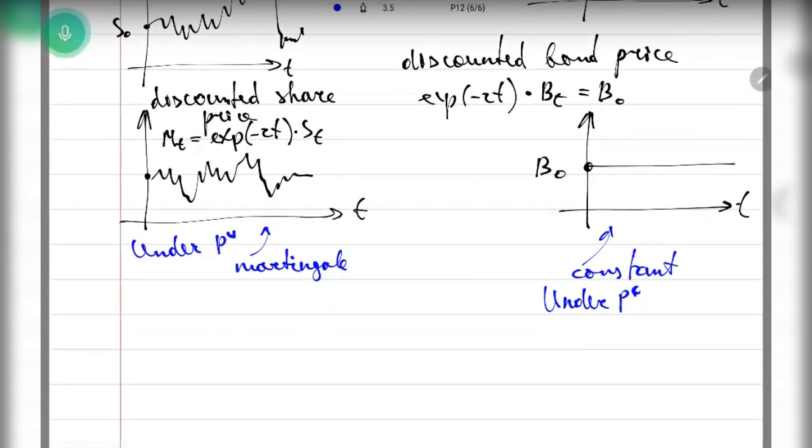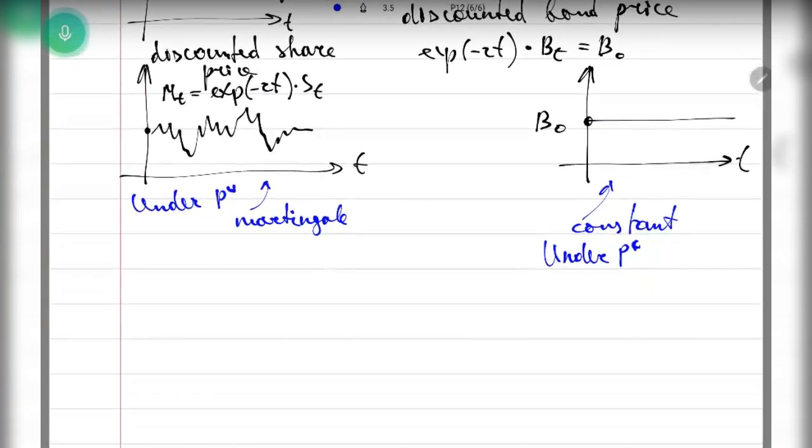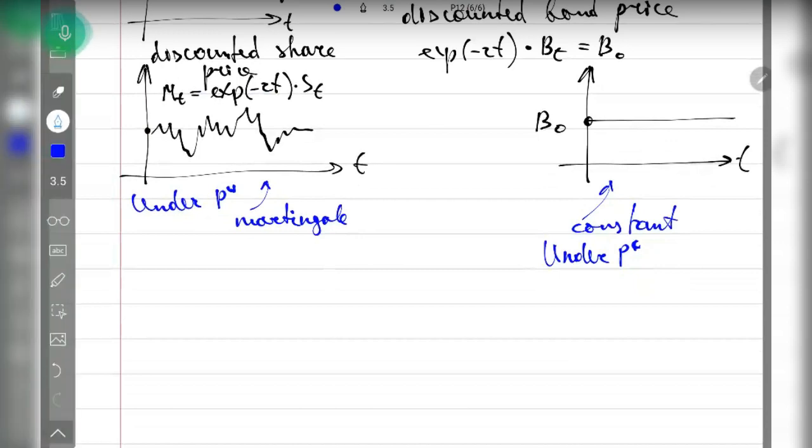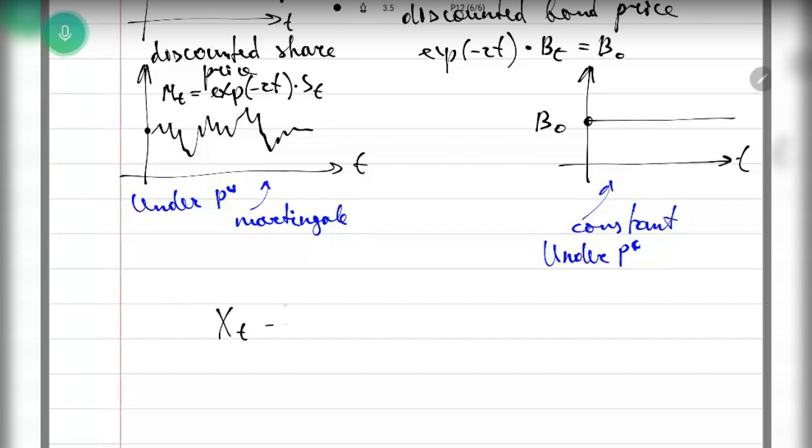Now, the moral of the story. Imagine that you have a very complicated trading strategy XT, a tricky trading strategy.